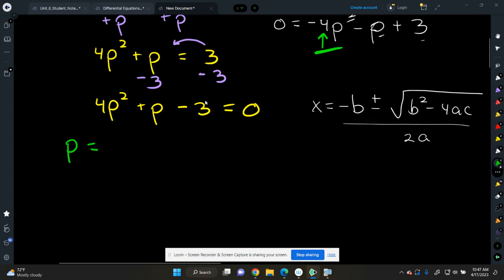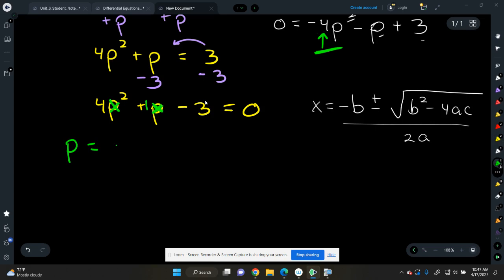Well, what's b in this example? What is it? What's the number in front of the p? 1. Yeah, I'm sorry that these come out with all the different variables. It's a whole lot easier if we just think of them as x's.